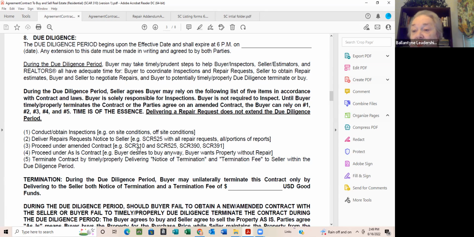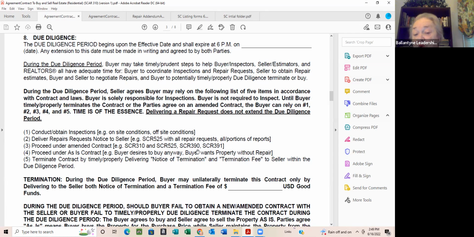So they haven't totally ruled out the negotiation on some repairs, but the difference is if they have agreed upon these repairs, it's going to be itemized on 525 most of the time.